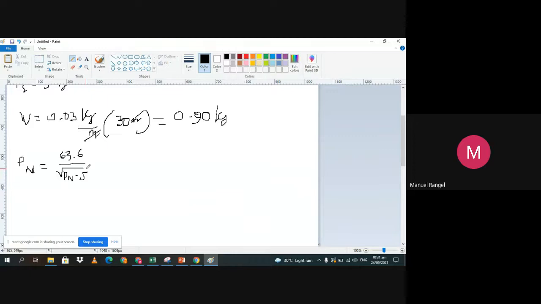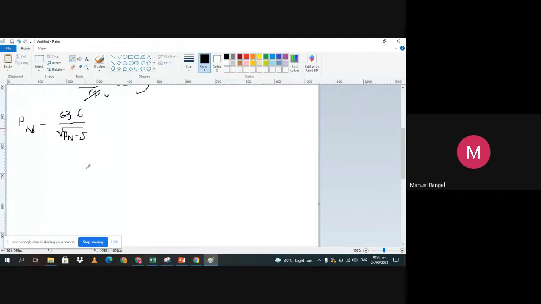So anybody can solve for the value of Pn. By trial and error, medyo madugay, no? But pwede gyapon nato siya i-equate.